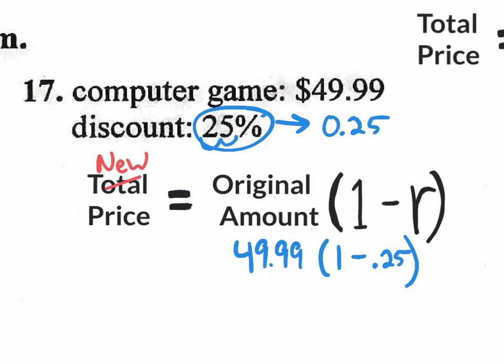So in your calculator, you're simply going to go $49.99 times, now you could even do this in your head, $1 take away 25 cents is 75 cents. So you could put on the calculator, that's what I'm going to do right now this second, check it out, $49.99 times 0.75.